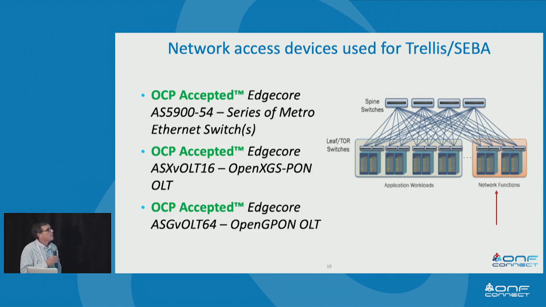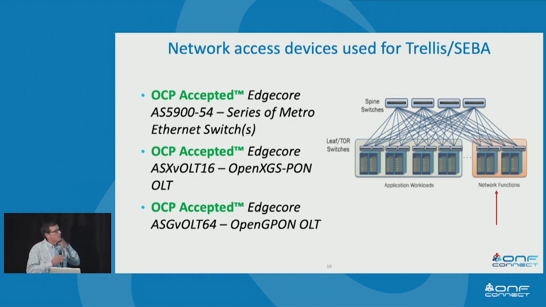And the first one is used in Trellis, which is a Metro Ethernet type switch, which is an OCP accepted contribution. So this supports the types of functions you would think on a Metro Ethernet switch: high QoS, deep buffering, the likes of high route table, it can take a whole route table. Normally these are based on a piece of Broadcom silicon, Broadcom DNX.